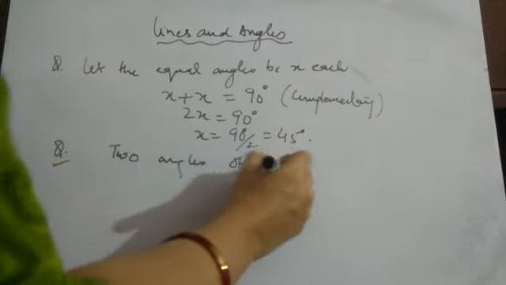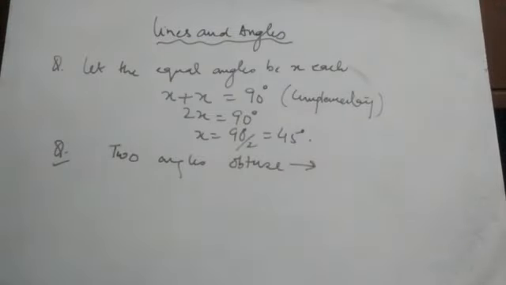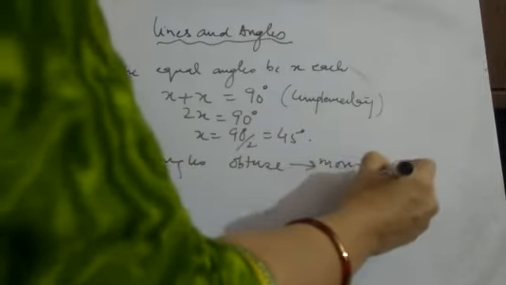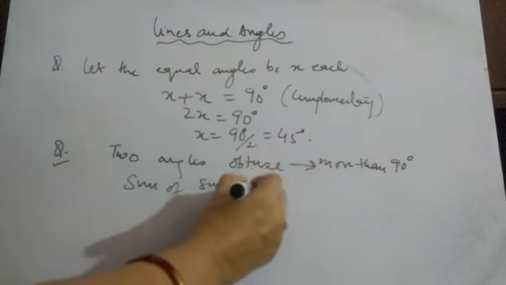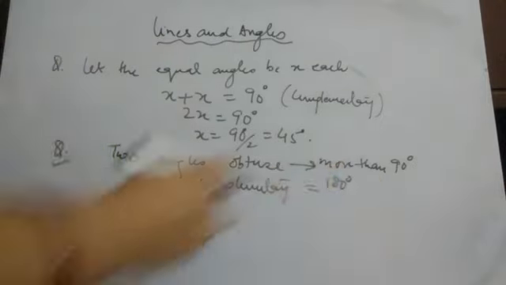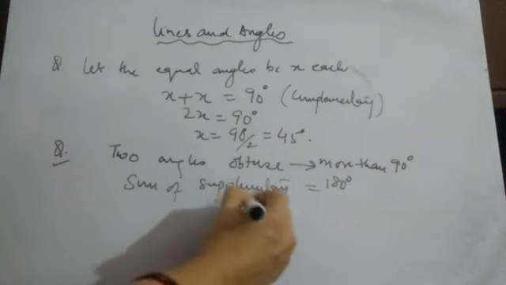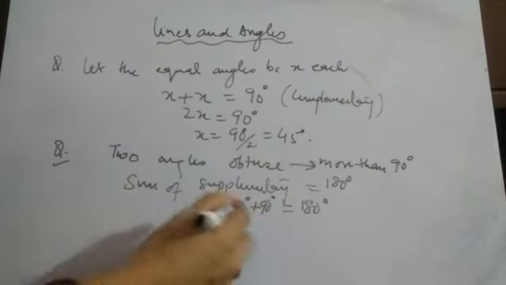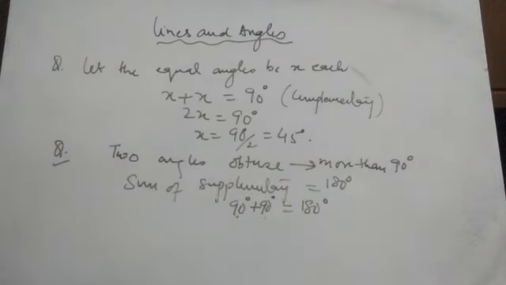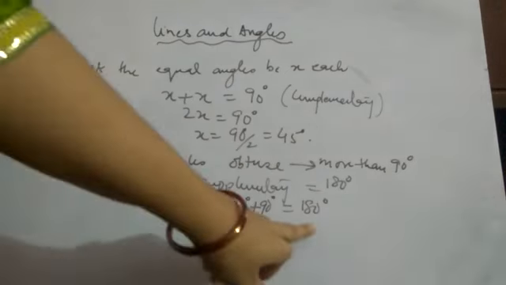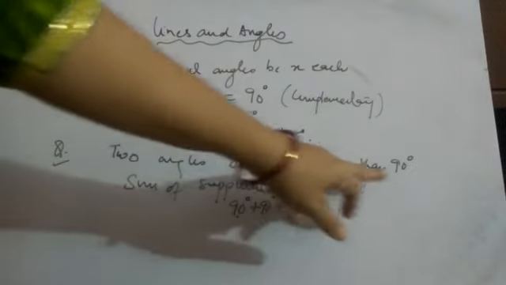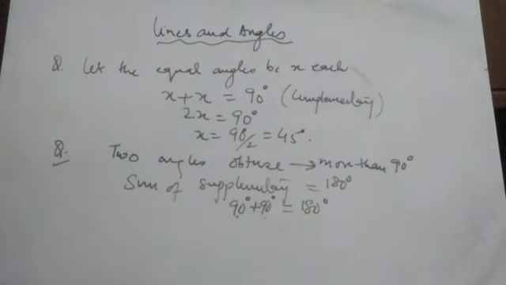Obtuse means more than 90 degrees, and the sum of supplementary angles is 180 degrees. 90 plus 90 makes 180, but if both angles are greater than 90 degrees, then their sum will be greater than 180, which is not possible for supplementary angles, because the sum of supplementary angles is 180 degrees.